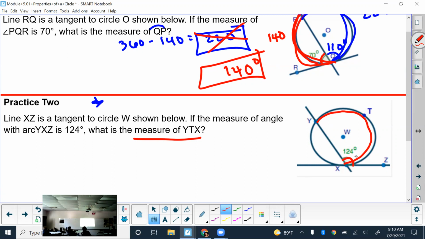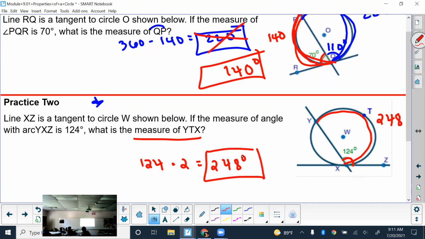So if this is half of the arc, then what does the arc have to be? And you did that by multiplying the angle by 2, right? So that's how we're getting that. Because by definition, the angle is half of the arc for the secant tangent intersection. Questions about that?